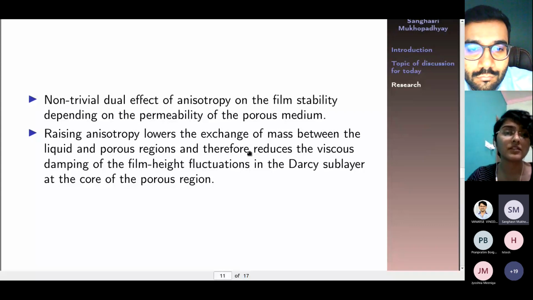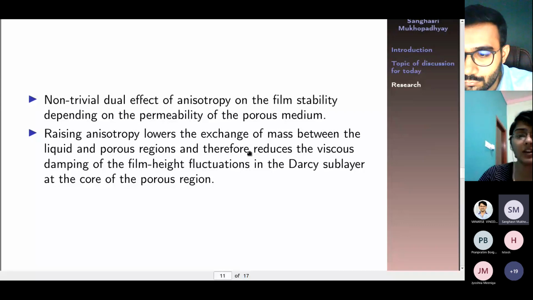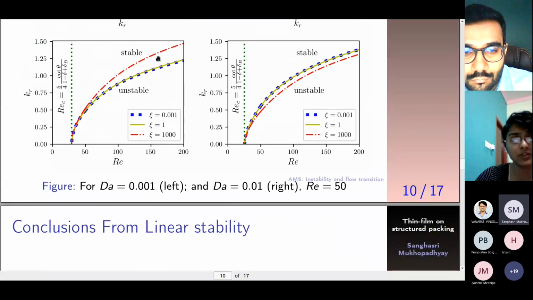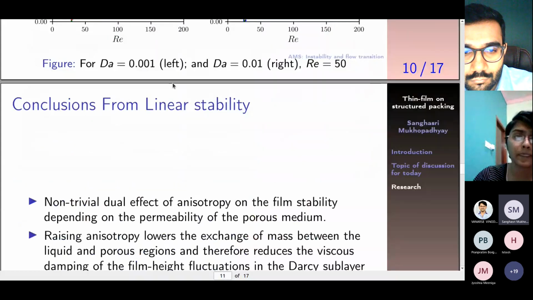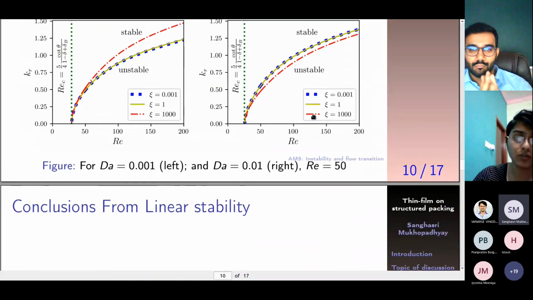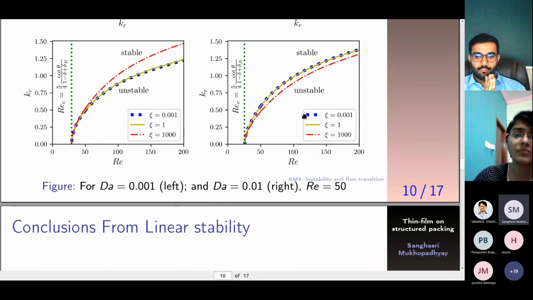That reduces the viscous damping effect, and that's why there is a high fluctuation. If we increase the anisotropic value, we will be able to see the unstable region increase in that case.